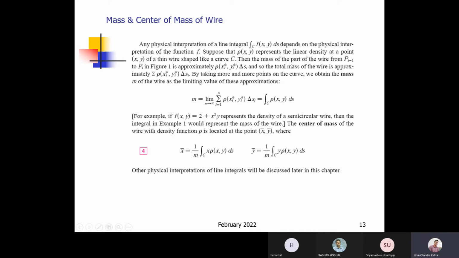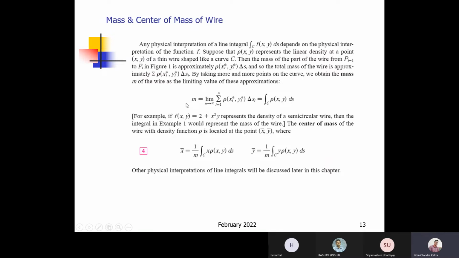But here, we are going to assume that the wire is of unit cross section. Then if we integrate the density as a function of x and y over its whole length, we are going to get the mass.